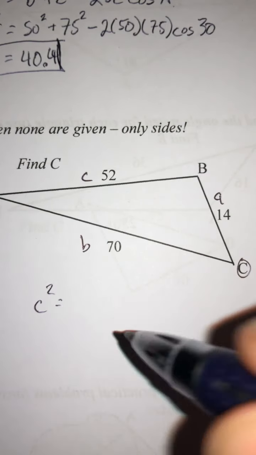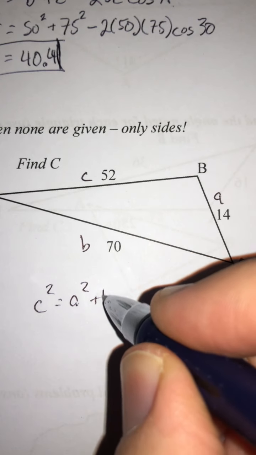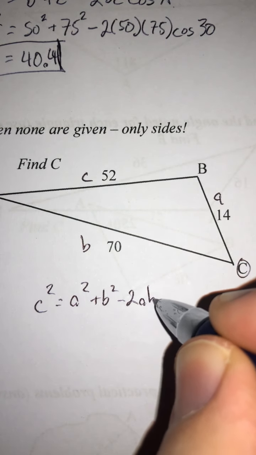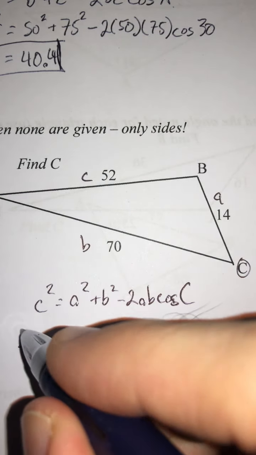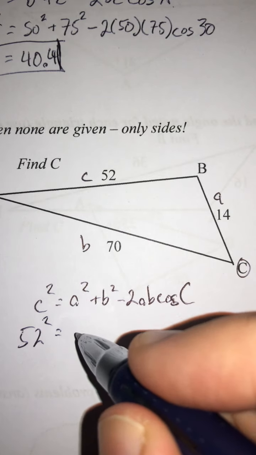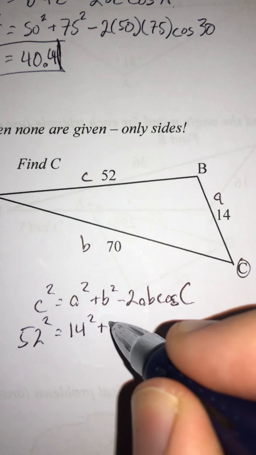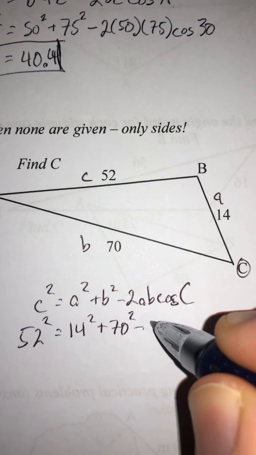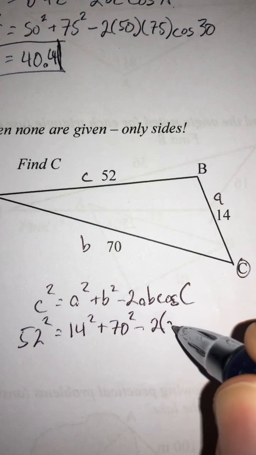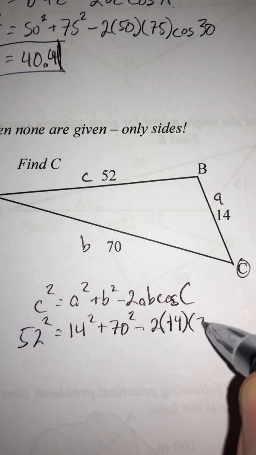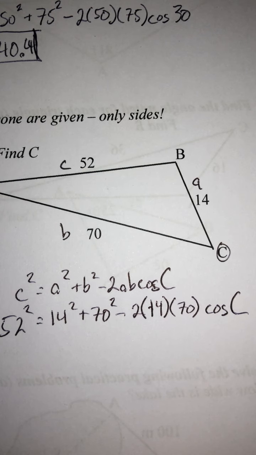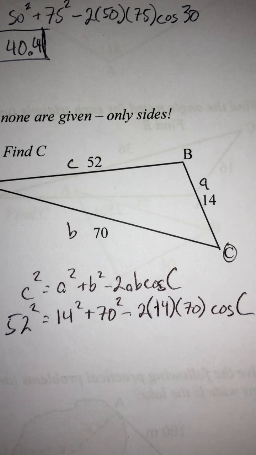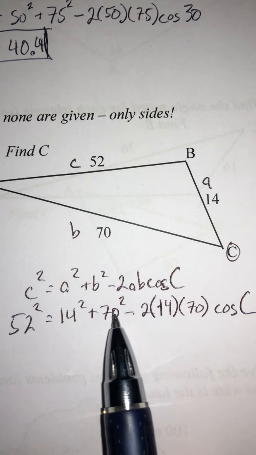We get c squared equals a squared plus b squared minus 2ab cos capital C. Plug in what we know. 52 squared equals 14 squared plus 70 squared minus 2 times 14 times 70 cos capital C, which is what we're solving for.